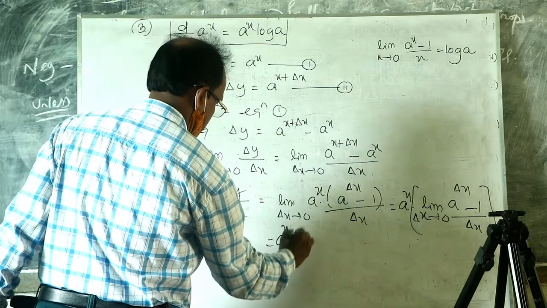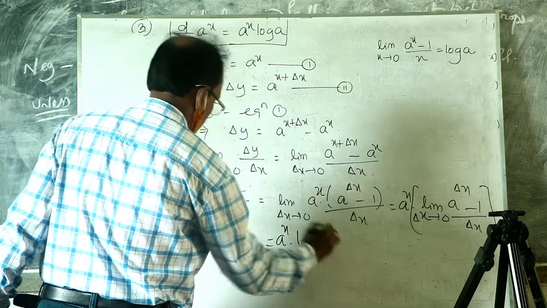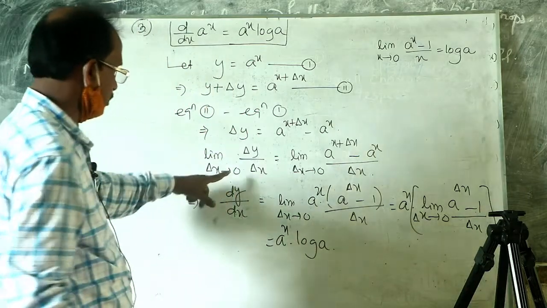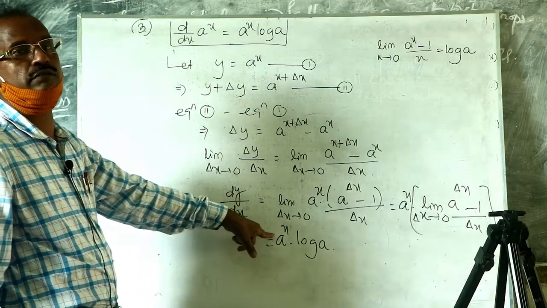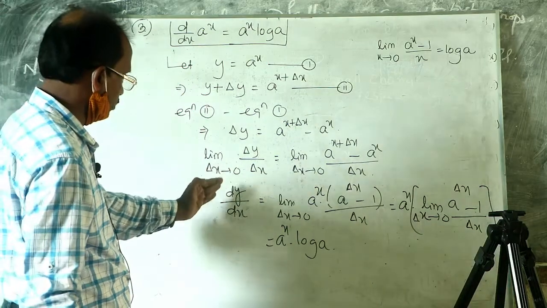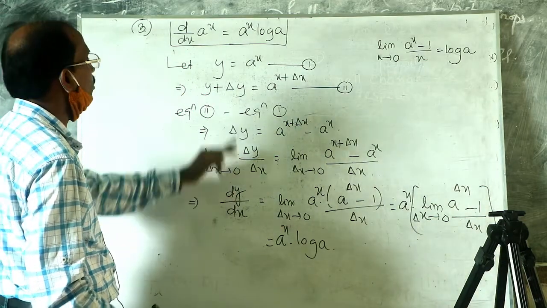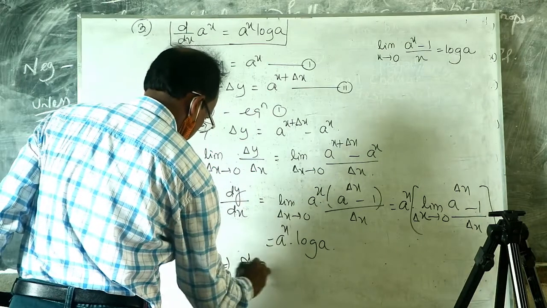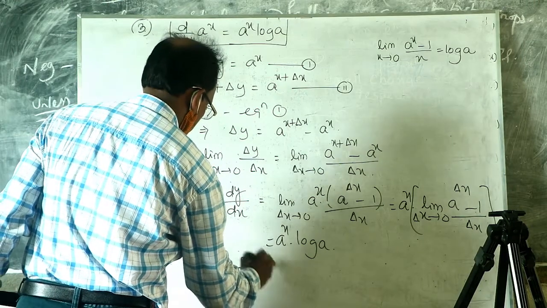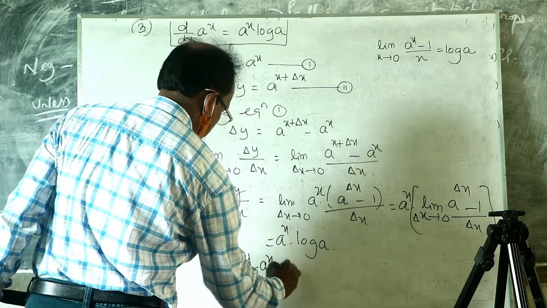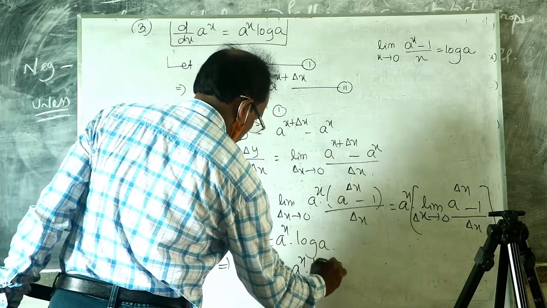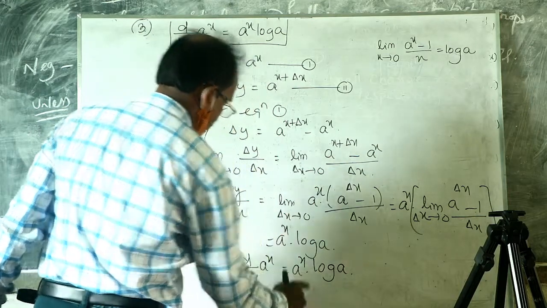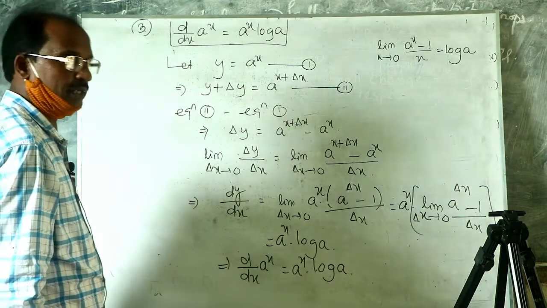Log a. So a to the power x into log a. So dy by dx, the derivative of y with respect to x, is equal to a to the power x log a. Since y is equal to a to the power x, the derivative with respect to x of a to the power x is equal to a to the power x into log a, where a is the constant and x is the variable.